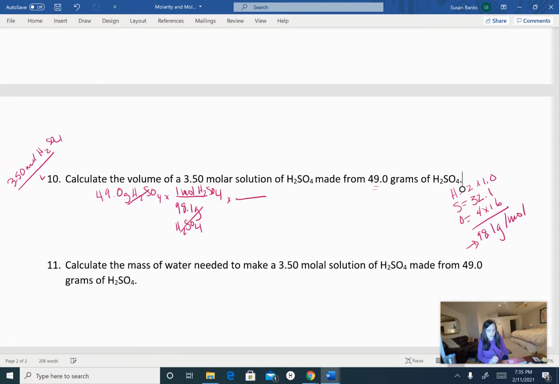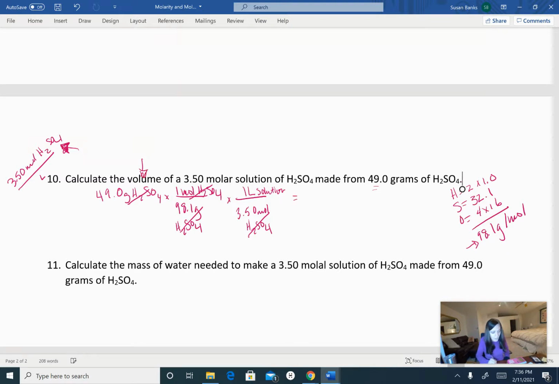Now I want to cancel out moles of sulfuric acid. I'm going to use this ratio that we created. Moles need to cancel, so moles are going to have to go on the bottom of the next step. So I have 3.50 moles of sulfuric acid in 1 liter of solution. So my moles of sulfuric acid cancel out, and I'm left with volume, which is liters.